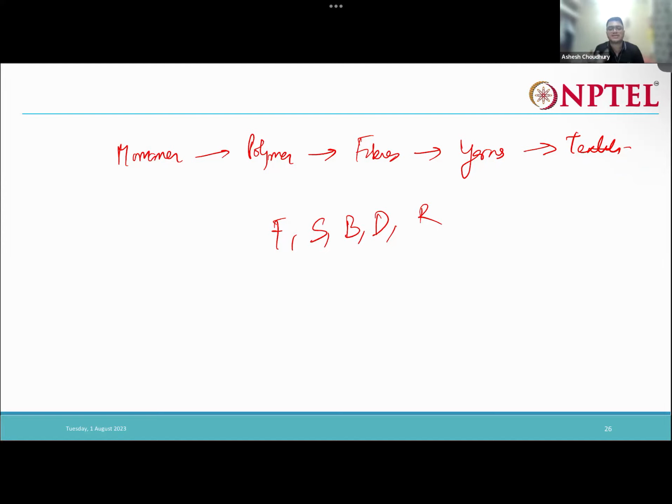If someone asks you, can a geomembrane be used for filtration or drainage purposes, what will be your answer? No. Geomembranes cannot be used for drainage or filtration purposes.